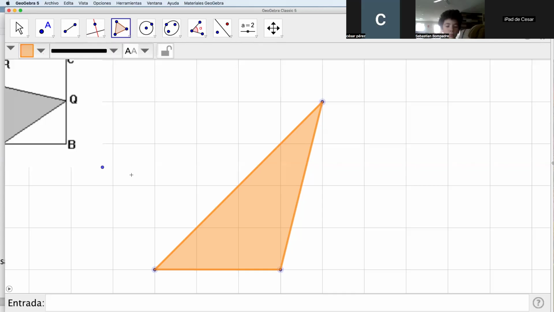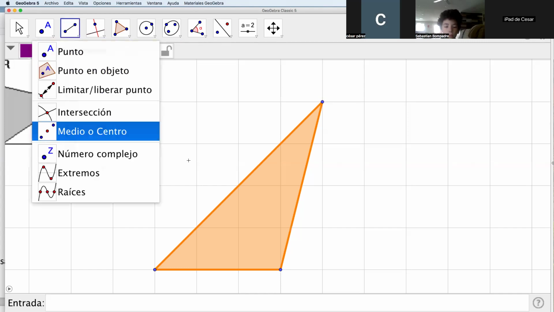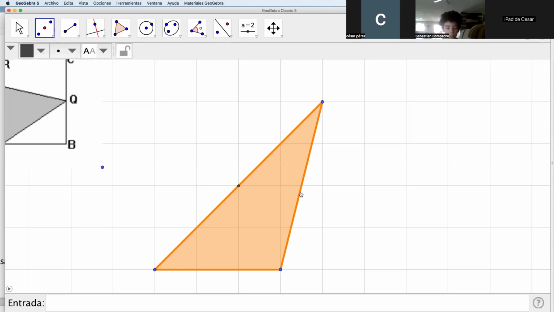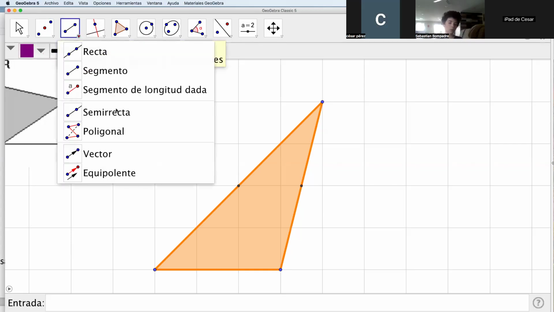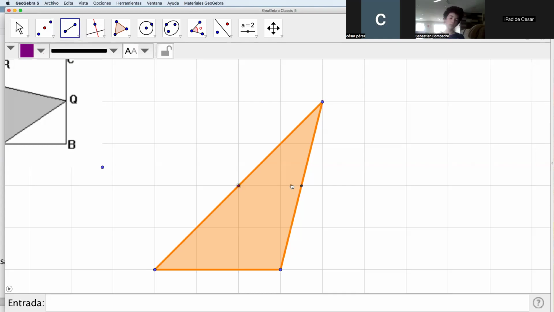If we take the midpoints of this side and this side, and we draw this line, it is parallel to this one. Do you understand this idea? This line is parallel to this one, and will be 1/2 of this.